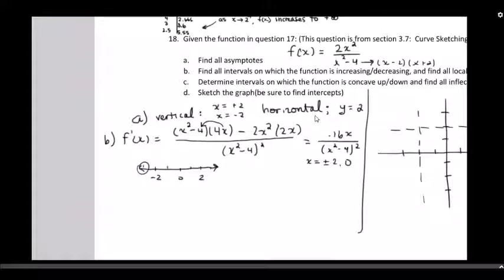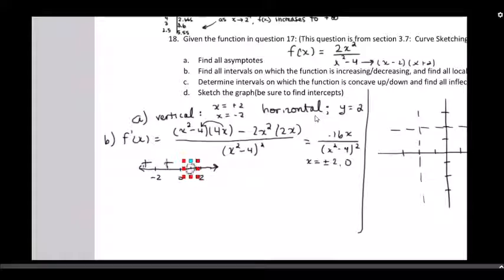If I tested negative 3, for example, negative 3 in for this x is going to be a negative times a negative, which is a positive. And remember, the denominator is always positive. Positive divided by positive would give me a positive value there. If we tested negative 1 as a test value, again, for this x, I'm going to get a negative times a negative, which is a positive, and a positive divided by a positive is positive.